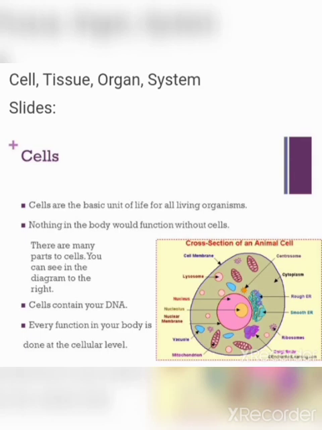So there are many parts to cells. You can see in the diagram to your right. Cells contain DNA. Every function in your body is done at the cellular level. Here in this diagram you can see the animal cell, right? This simple animal cell has only a thin cell membrane.